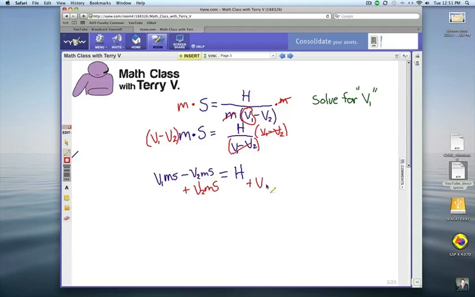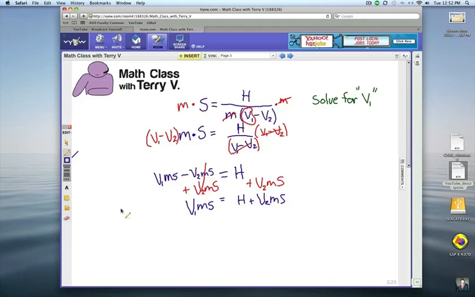A variable is just a convenient way of putting something in a place to symbolize something, and when we know the value of that amount, we can plug it in and solve. So on the left, we have V1 times MS equals H plus V2 MS. A lot of algebra, just manipulation and learning the rules.